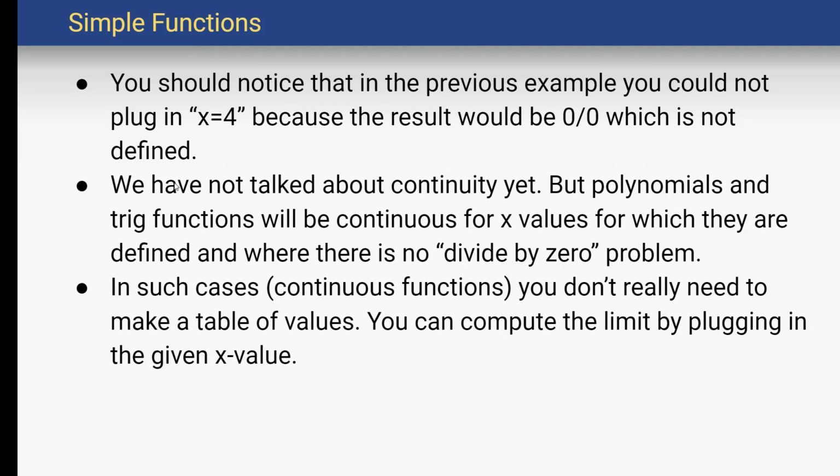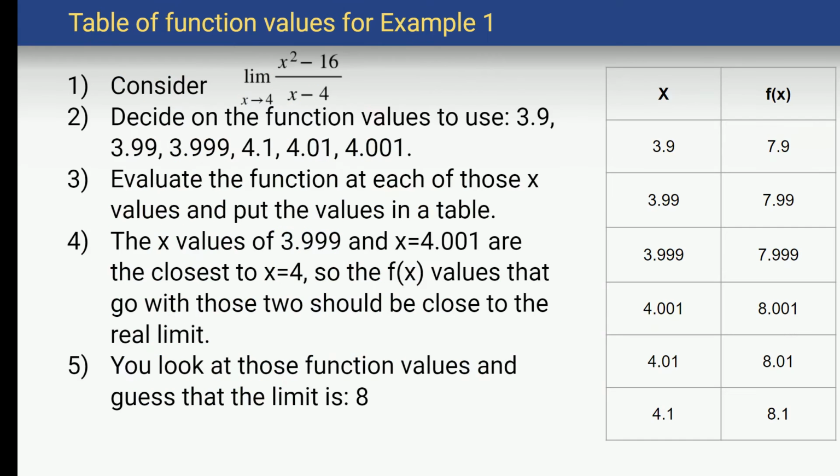But a key here is going to be that if you have a continuous function, so if we go back here, if there was no divide by 0, so no x minus 4, if there was no divide by 0 there to worry about, and all we had was x squared minus 16, then there's no holes in the function.